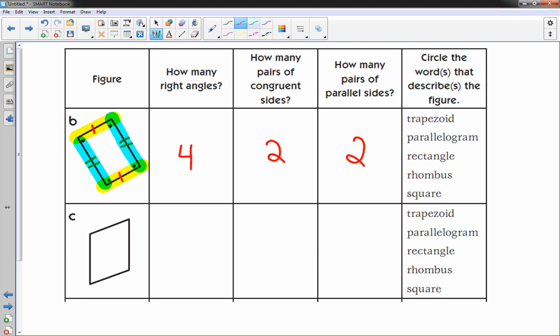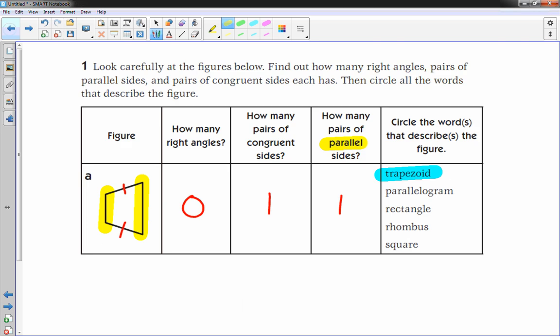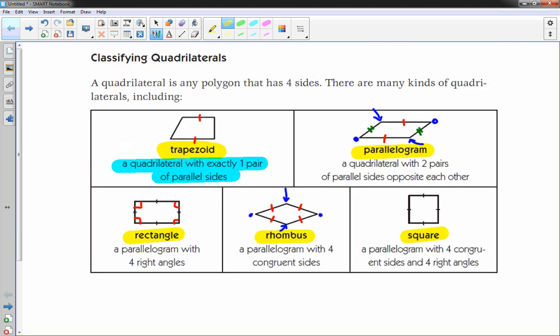Okay, interesting. So this thing, by definition, could be considered a couple of choices here. It could be a parallelogram because it fits the definition. I go back to the definition of a parallelogram: a quadrilateral with 2 pairs of parallel sides opposite of each other.